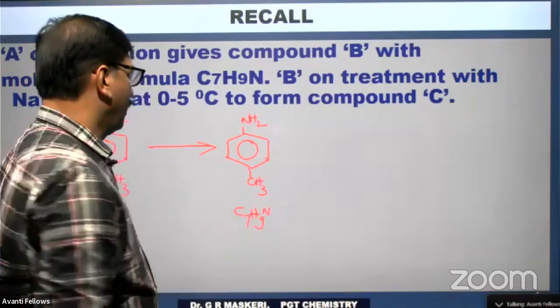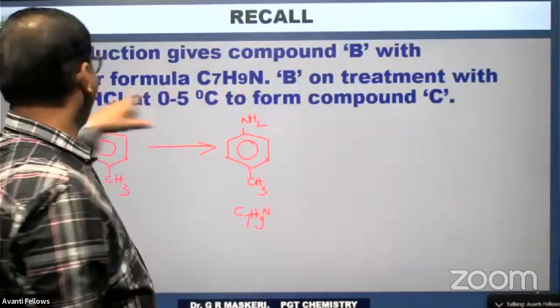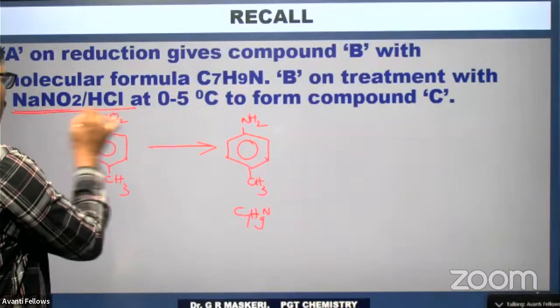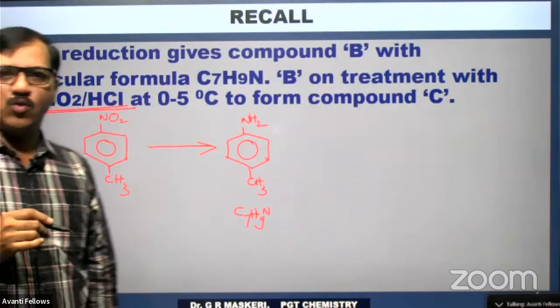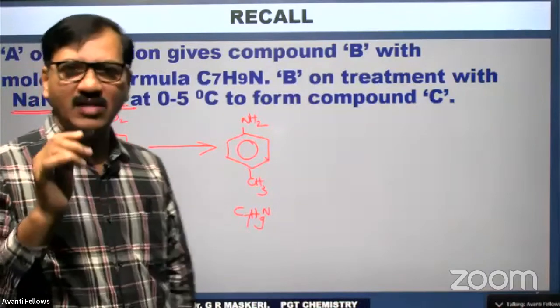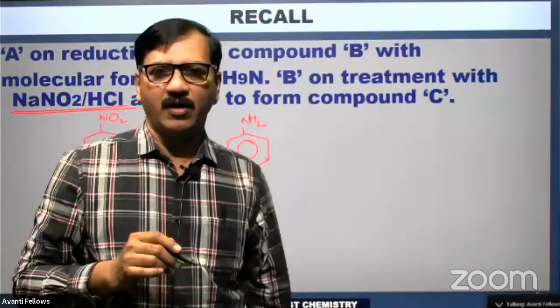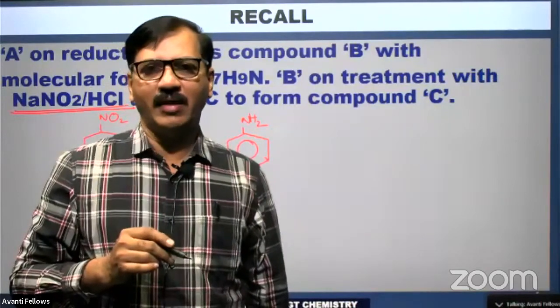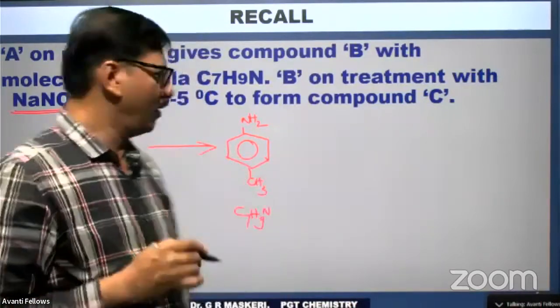Right. Now, B on treatment with NaNO2 HCl, a very important reagent. Always aniline with this reagent forms a diazonium salt, benzene diazonium halide, right?